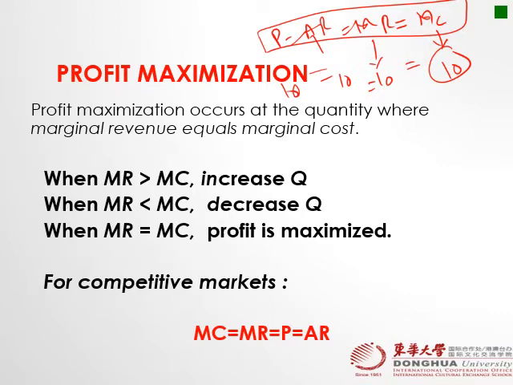So remember, if profit is maximum, it means your market price must be your marginal cost, your market price must be your marginal revenue, your market price must be your average revenue, right? So that's what this analysis is saying.